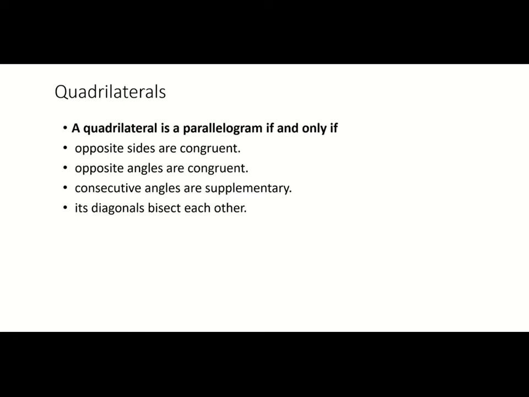Now, it's important to note that all of these properties also go with a rhombus, a square, and a rectangle because they are special parallelograms. So all of these properties apply to a rhombus, a square, and a rectangle. We will look at some other information about the diagonals that will differentiate a rhombus from a square and from a rectangle as well.